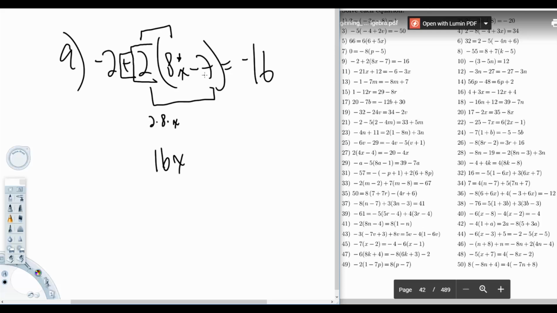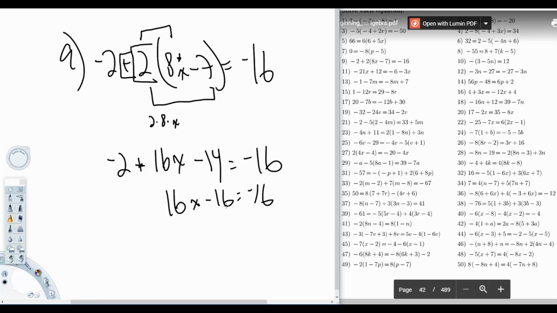And then positive 2 times negative 7 equals negative 14, right? Positive times a negative equals a negative. And of course, you carry over the 2. This is positive, remember? Equals negative 16. So negative 2 minus 14 equals 16x minus 16 equals negative 16.